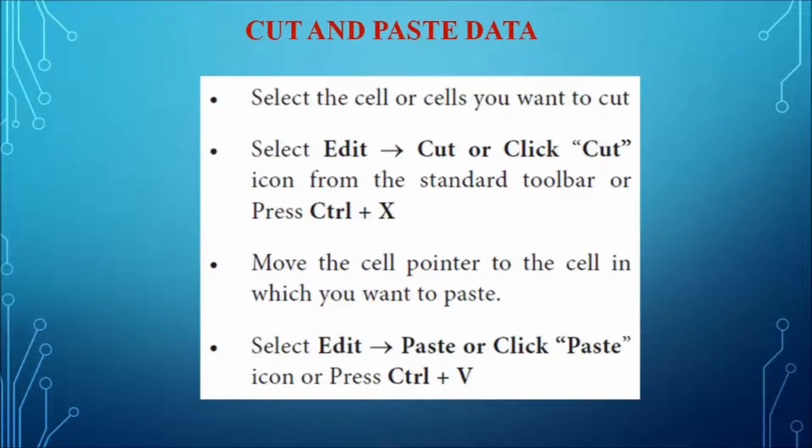We move the cell pointer to the new location where the cut text is to be pasted, and there the user can select the edit paste option, or click on the paste icon, or press Control plus V. The same procedure for paste. This is how the user can cut and paste the data.